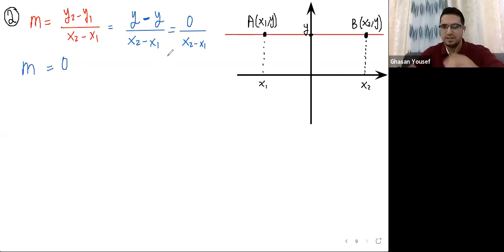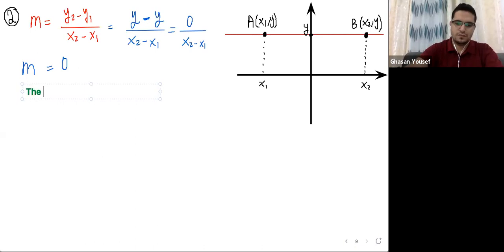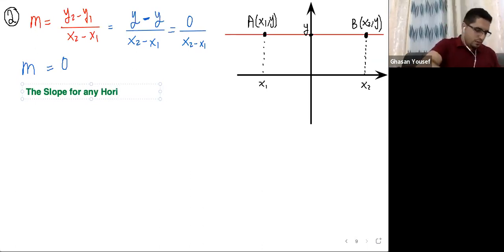So for any horizontal line, the slope will equal 0. We also have two more cases after this, and we're going to do them next time.